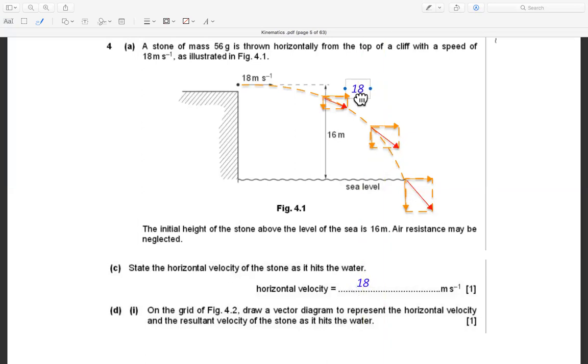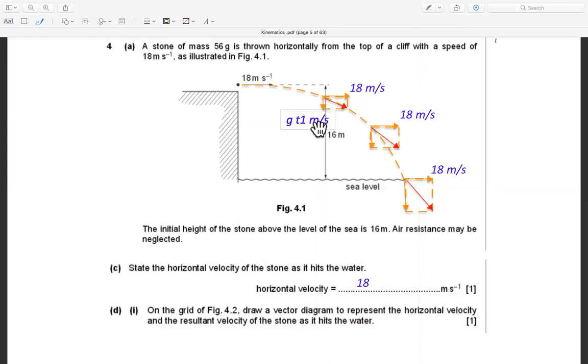When we put, this is 18 meter per second. This is also 18. This is also 18. But what about on the vertical? On the vertical, they have g t. This is like g t.